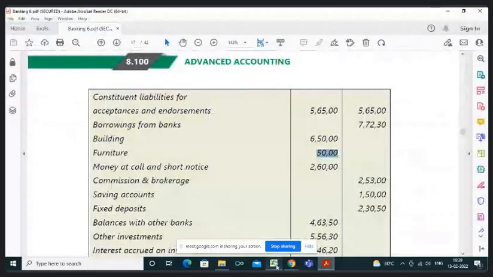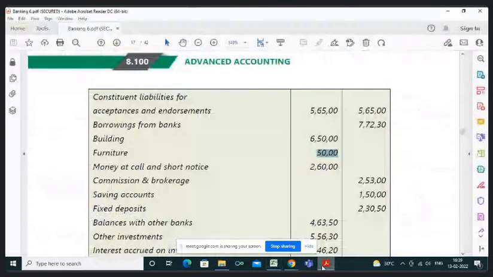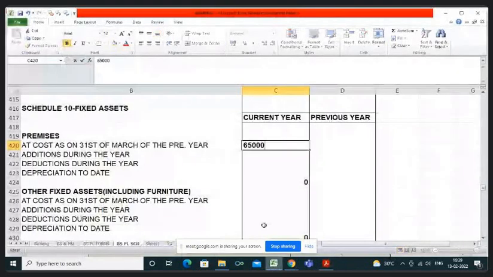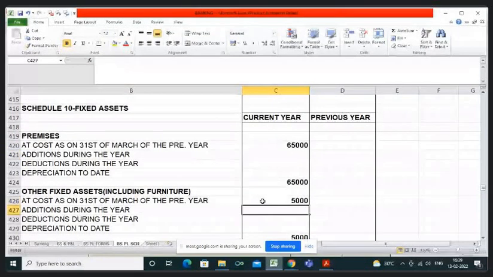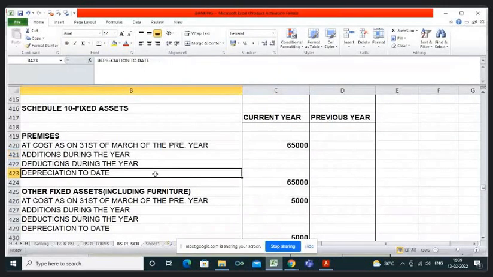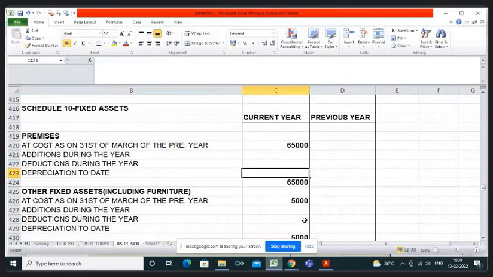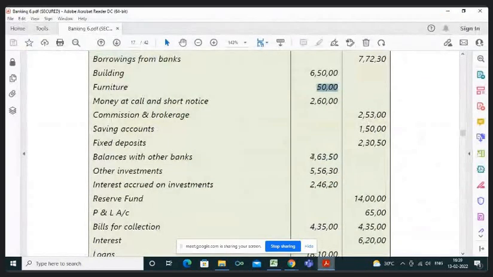What is the information given? Borrowing from banks, 77,230. So we have borrowings in India from other banks. If it is from RBI, we will write borrowings from RBI. Otherwise, as this question says borrowings from other banks, we'll write other banks. 77,230 is the amount of borrowings we have got.